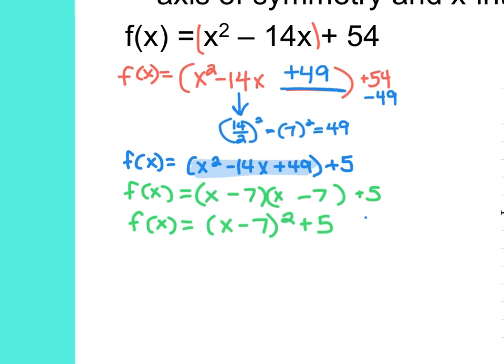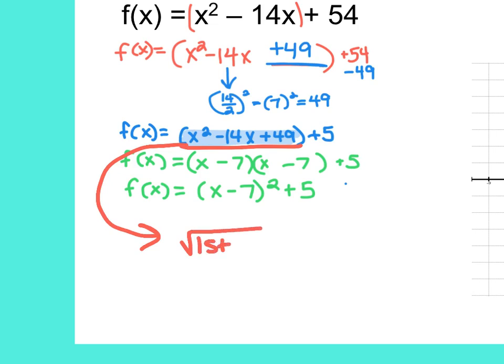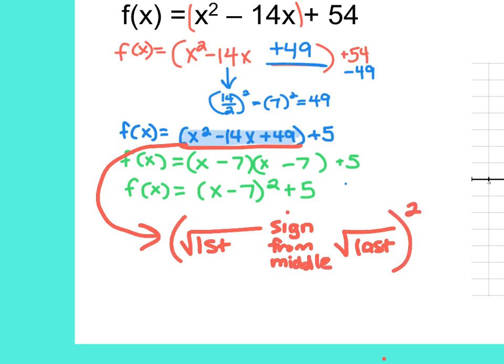So I can do it the way I just did it, or there's a shortcut. Once it's in a perfect square trinomial, which is the whole goal there, then to factor it, I take the square root of the first term, the square root of the last term, take the sign from the middle, put it in the parentheses, and square it.